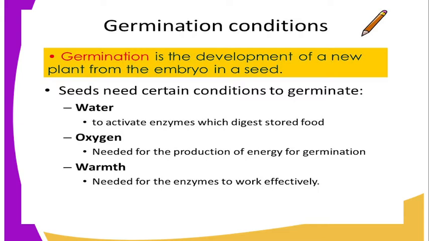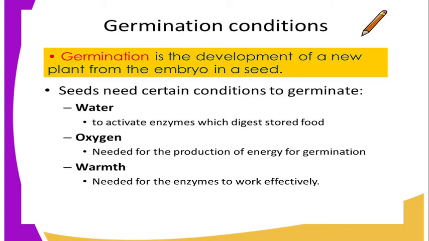Are we together? Have we understood something? We have to remember that germination is the development of a seed to form what? A seedling. And for a seed to germinate, we require, number 1, water. The function of water is to activate enzyme, which digests the stored food.